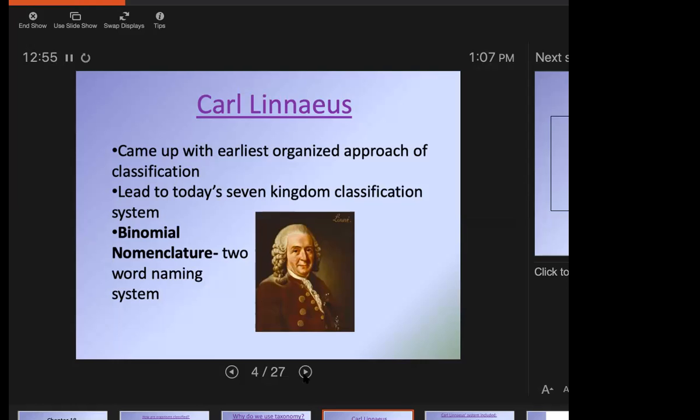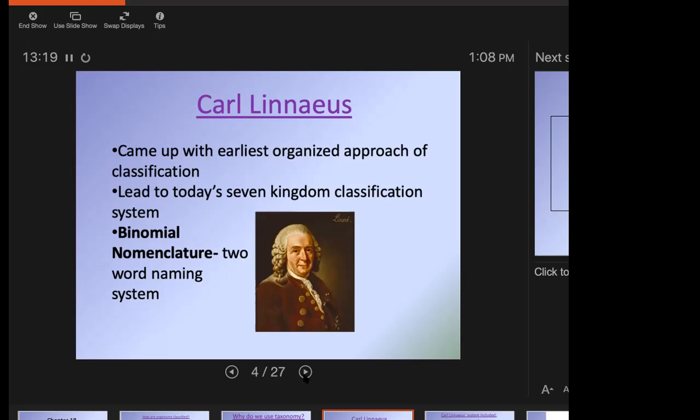Now, binomial nomenclature literally means a two-name naming system. So even the name itself has two names. The reason we do this is that every living thing is referred to by scientists by its genus name and its species name.